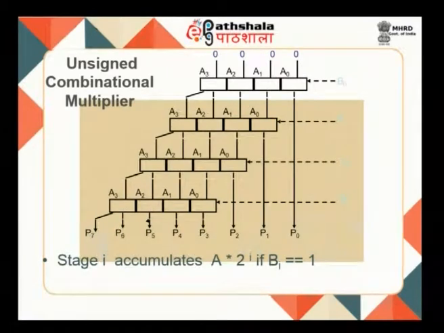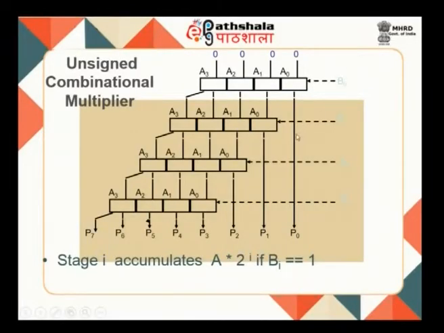Now, if you look at a combinational multiplier for unsigned numbers, it looks exactly like how your paper and pencil method happens. The structure of a combinational multiplier is the same as that of the paper and pencil method. Initially you have all zeros given because there is no carry bit that has to be given here.